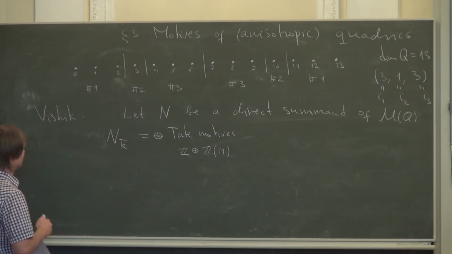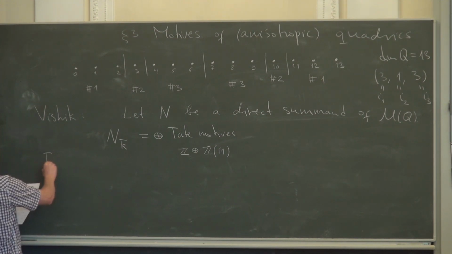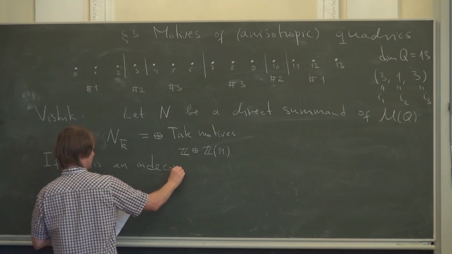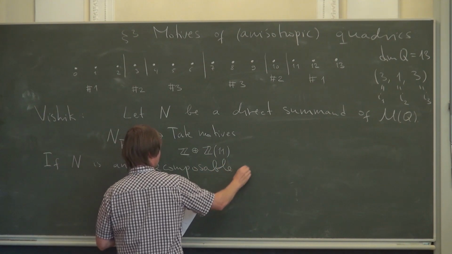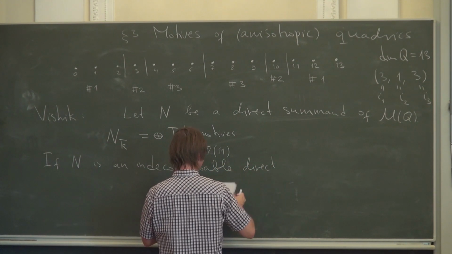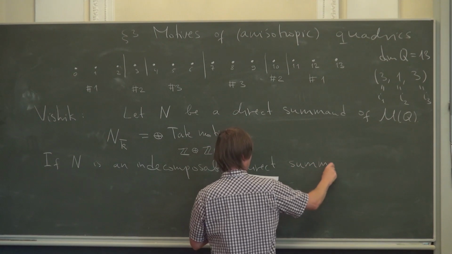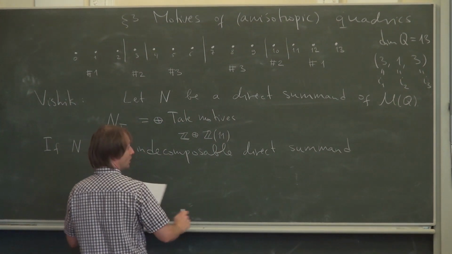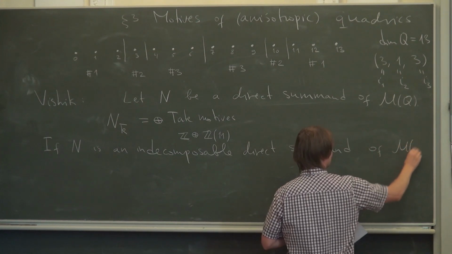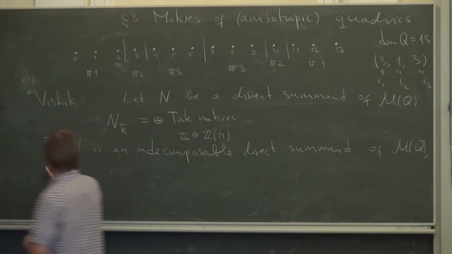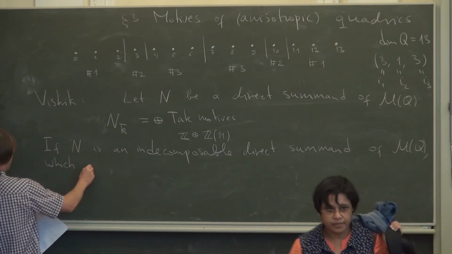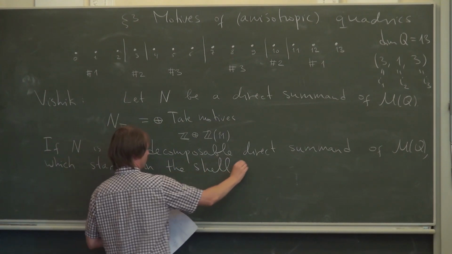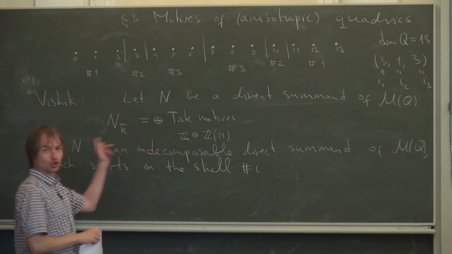And Vishik proved the following statement. So if N is an indecomposable direct summand of the motif of Q which starts in the shell number i, well, there are two shells, on the left and on the right.